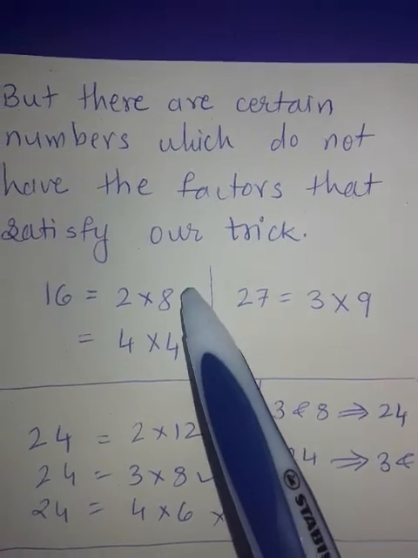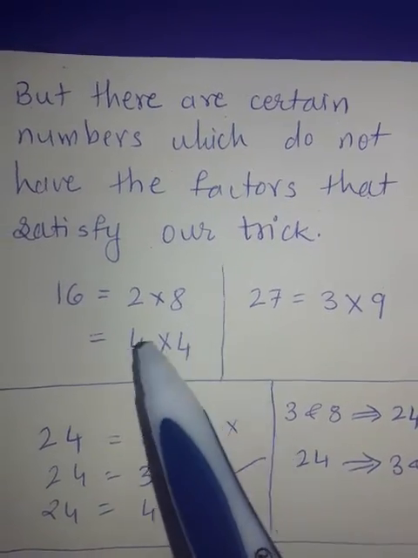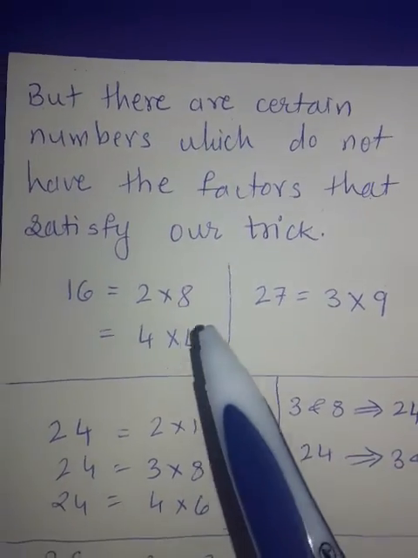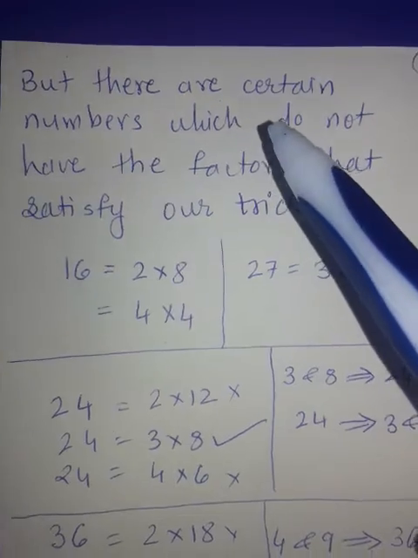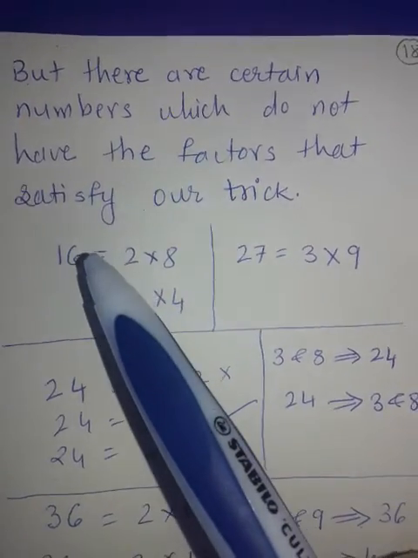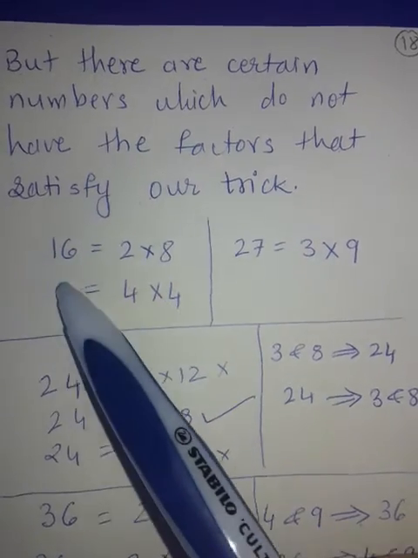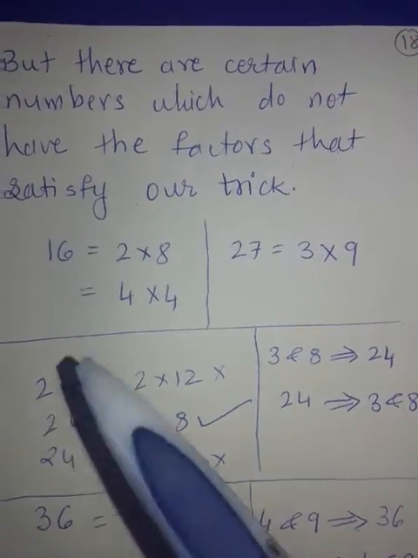Both these pairs do not satisfy our trick. 2 is a factor of 8, 4 is a factor of 4. So 16 doesn't have any such factors which do not have any common factor. That means for 16 we are not able to find divisibility test using our trick.